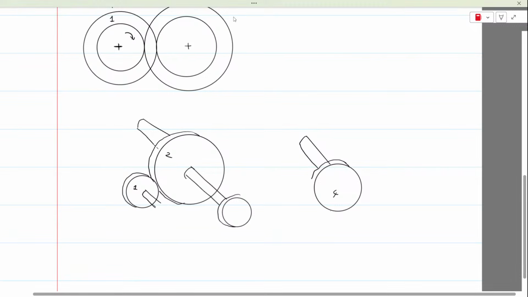I am reducing the length of the shaft of gear number 1, such that I can accommodate gear 4.